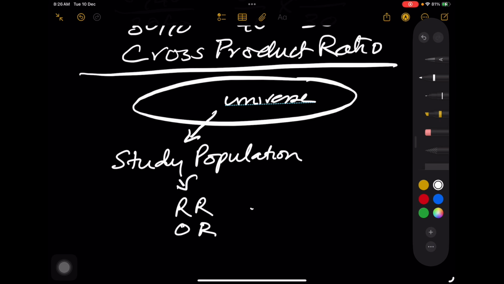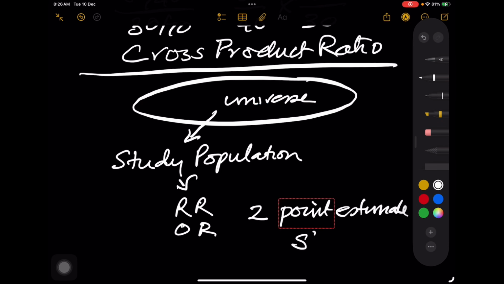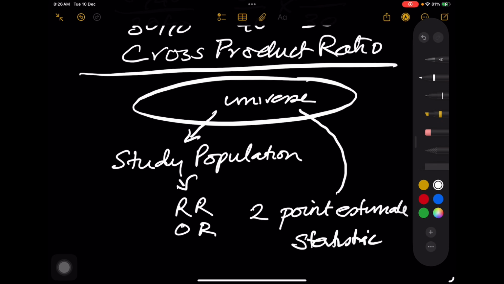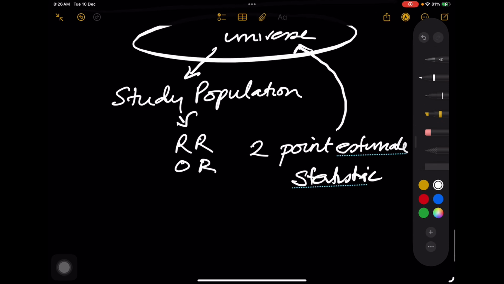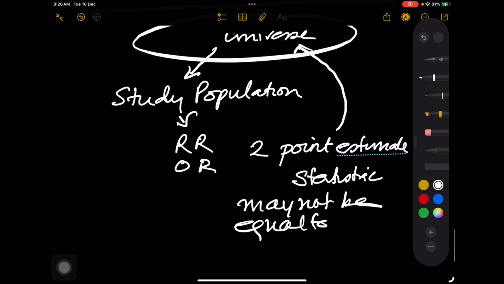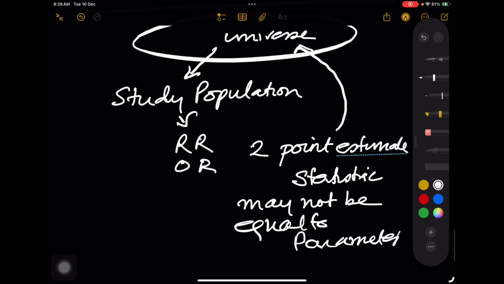Let us say the odds ratio is 2. But in the universe, the odds ratio may be 3, maybe 4, maybe 5. So this point estimate, which is the statistic, may not be equal to the parameter, which is the risk ratio in the universe.